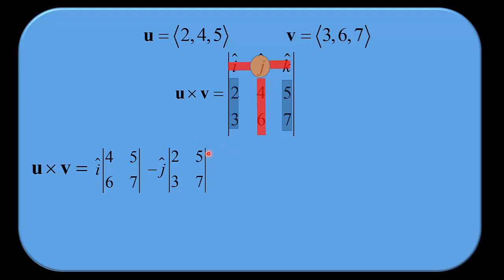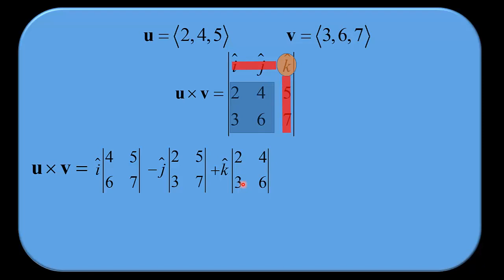But that's going to be the way it goes every time. Then we go to the k. Eliminate everything on the same row and column. And then we've got this part. Okay? And I put that down here. Okay, now we are on our way to getting the cross product.